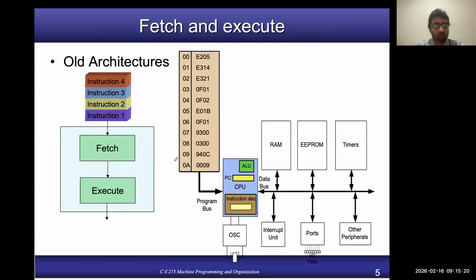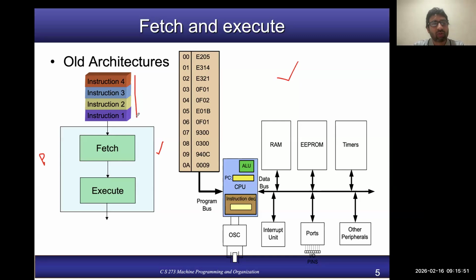In old architectures, on the left side we are trying to make the figure on the right more abstract. We have a processor with two stages: the first stage is fetch, where an instruction is fetched, and then the instruction is executed. The program is a collection of instructions.